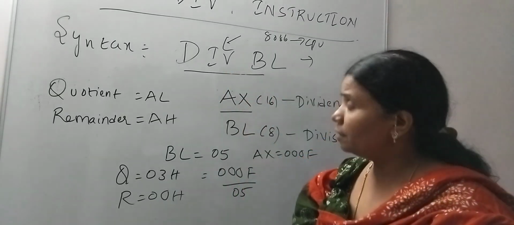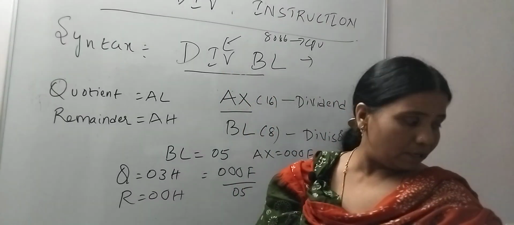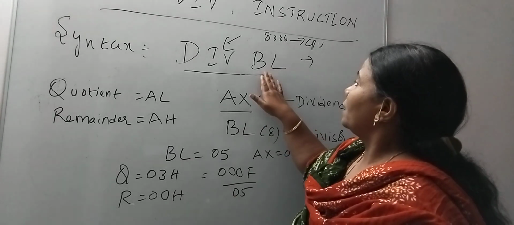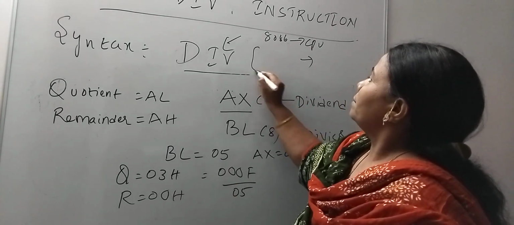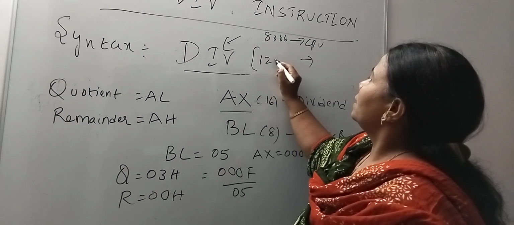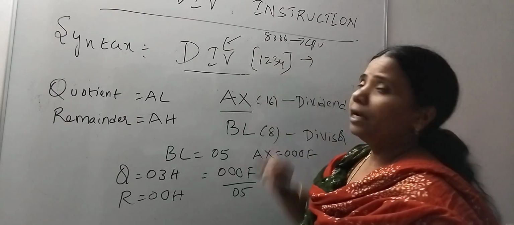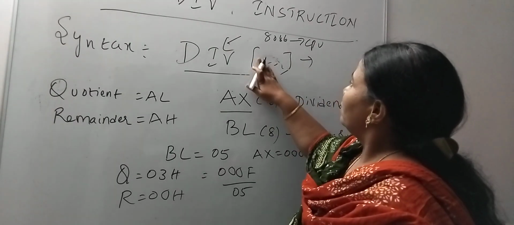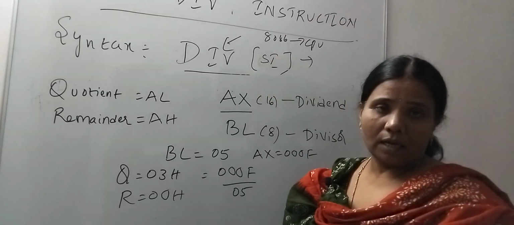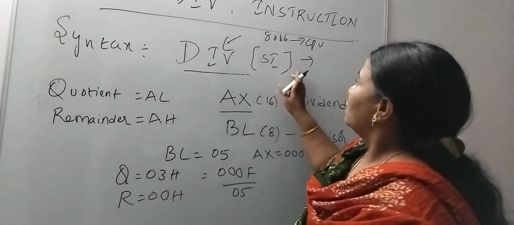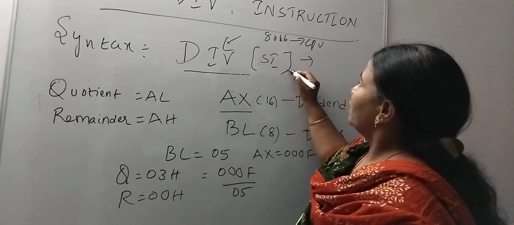With this DIV instruction, only one operand will be used. This operand can be a register, or it can be a memory location, or a memory location where the address is present inside a register.